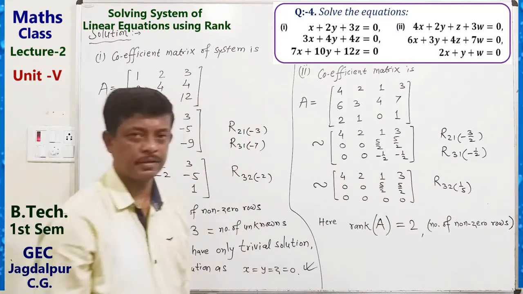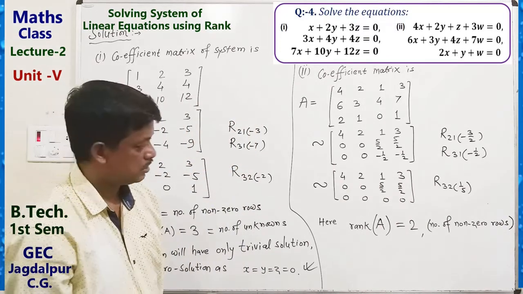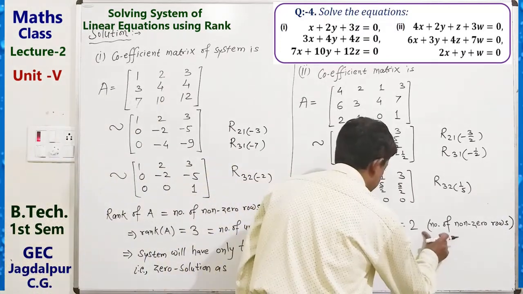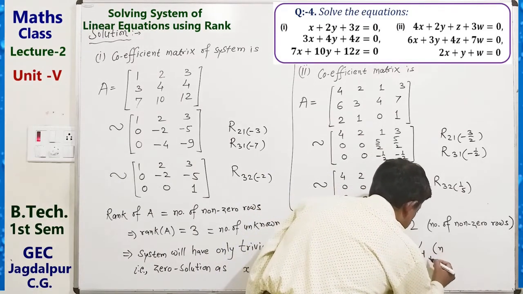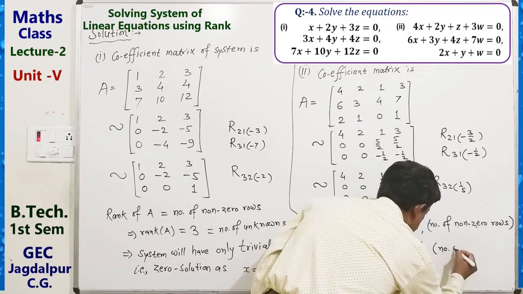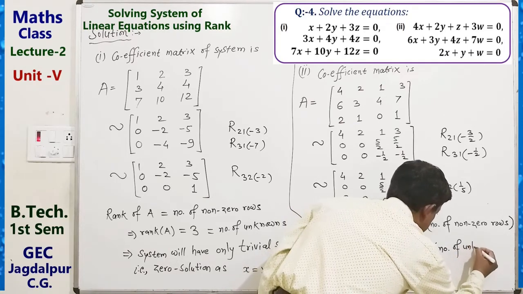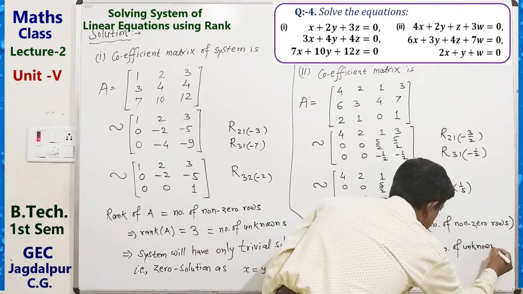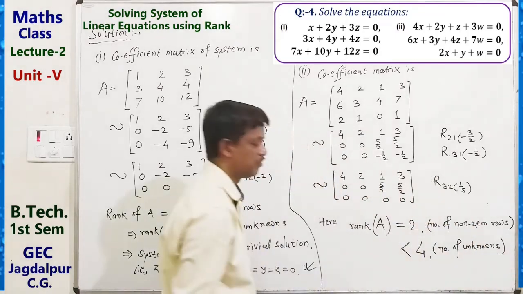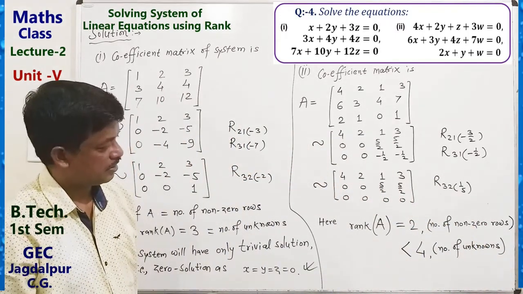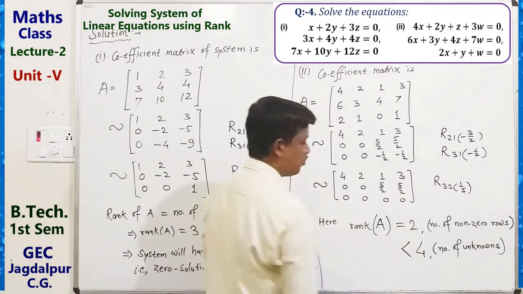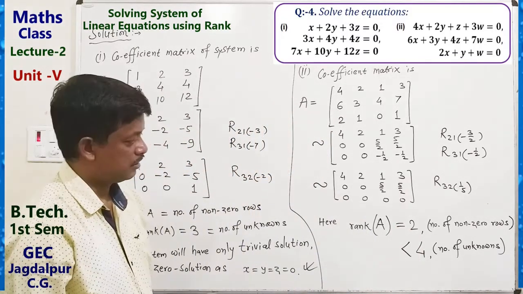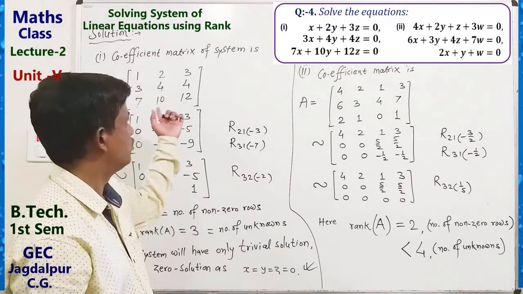The rank is less than 4, the number of unknowns: 2 is less than 4. Therefore, non-trivial solution.